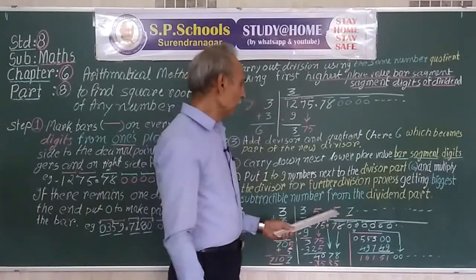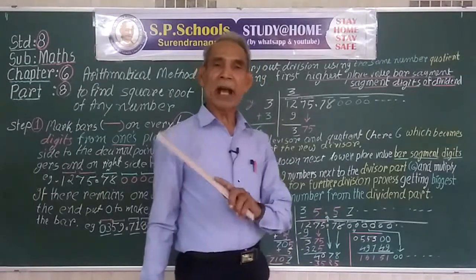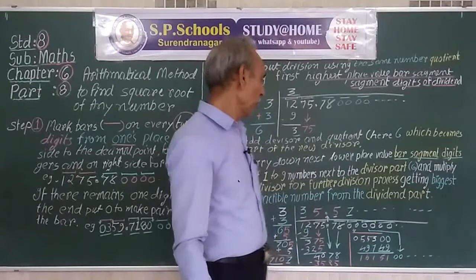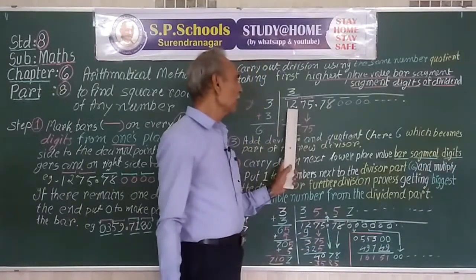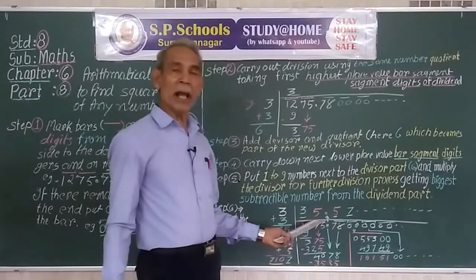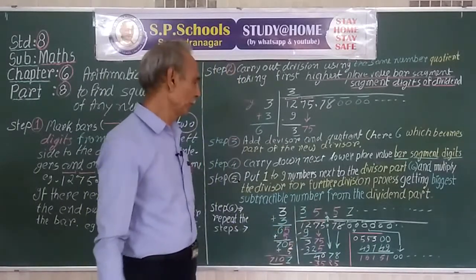These values are neither recurring nor ending, so the decimal value of the root is an approximate value and not an exact value.